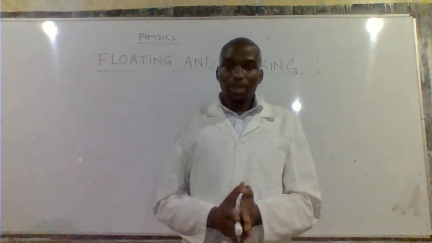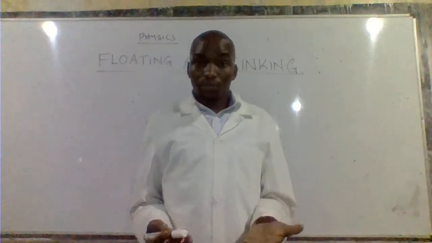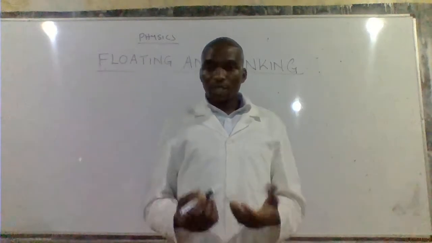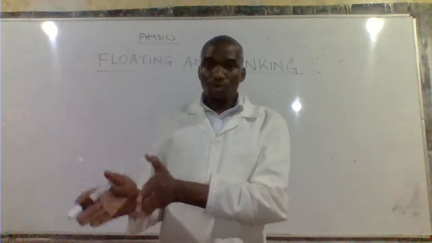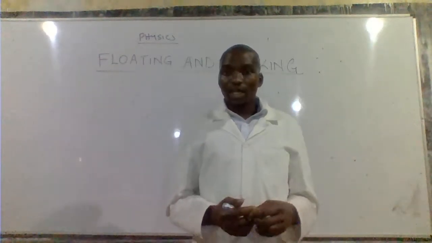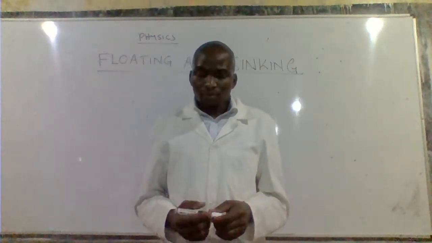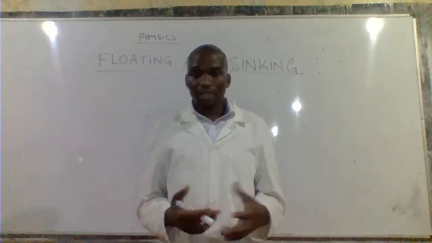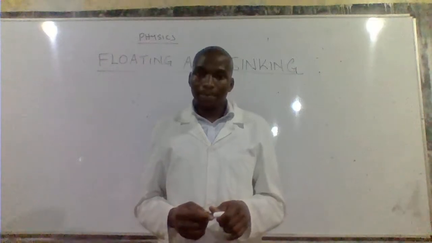To start with, I want to believe every one of us has seen a sinking object or a floating object. And sometimes we do ask ourselves, why do objects sink in water while others float in water? I want to explain this in simple terms. We have a quantity that we learned in Form 1 in a topic referred to as Measurement 1, referred to as density.